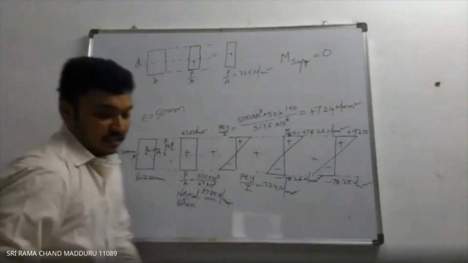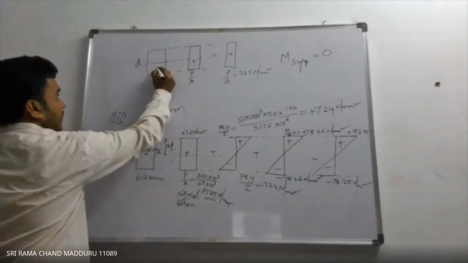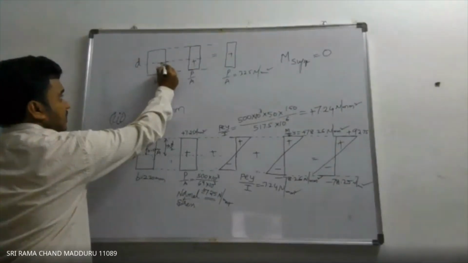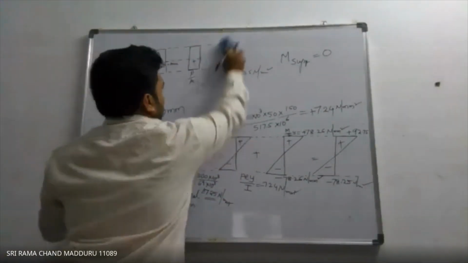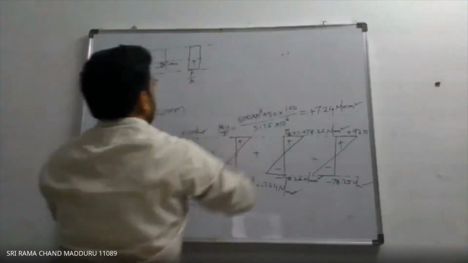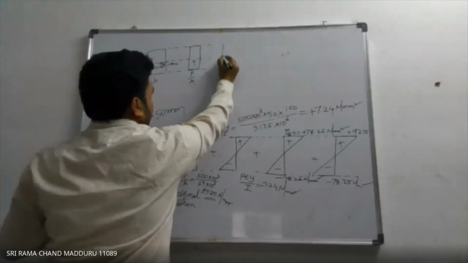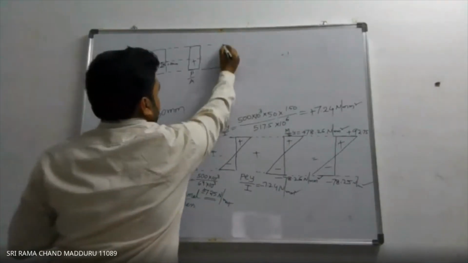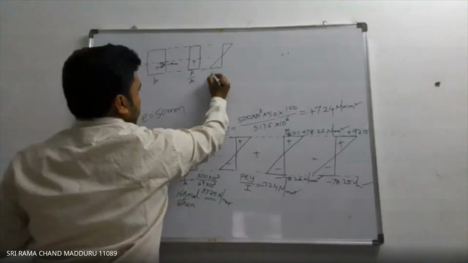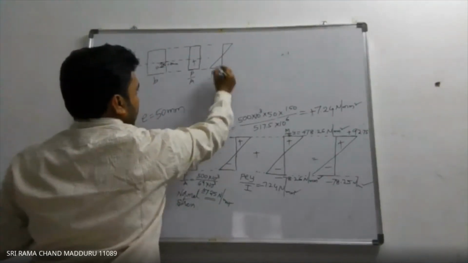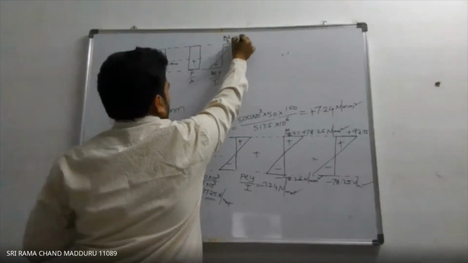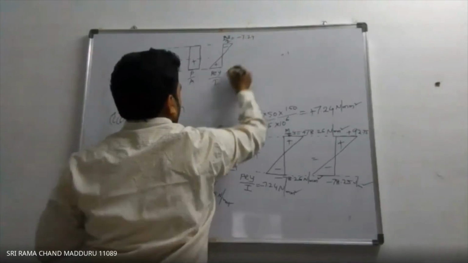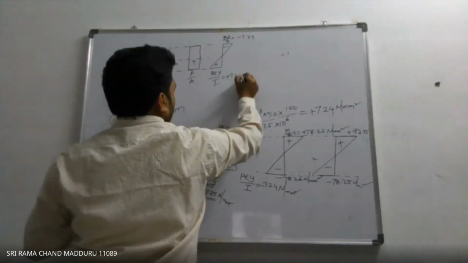The eccentricity e is here, at an eccentricity e equal to 50 mm. So in this case, normal stress will be there, P into e into y by I. This is positive, this is negative. Minus 7.24, plus 7.24.